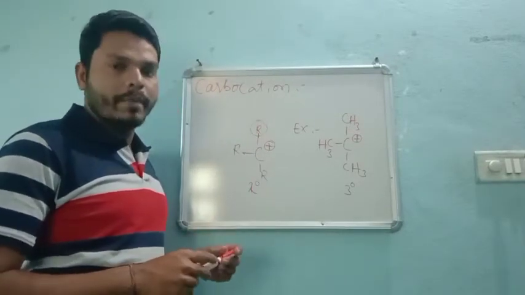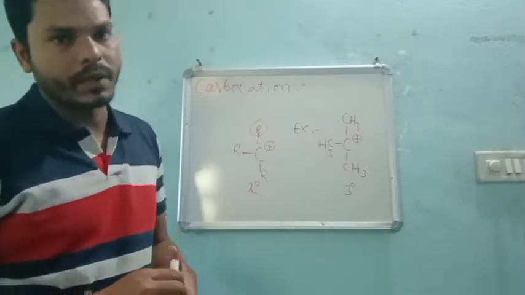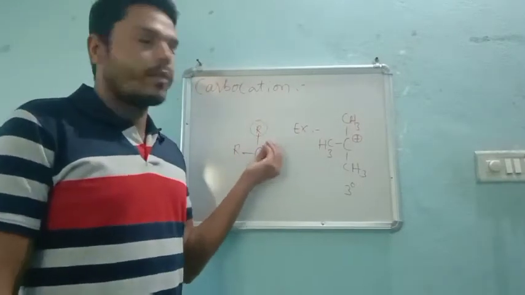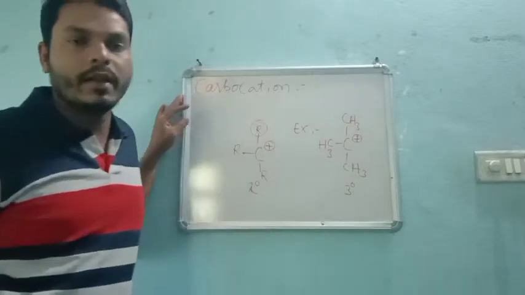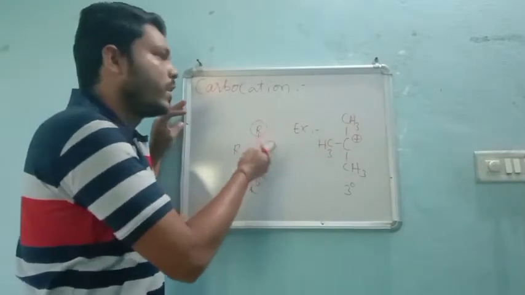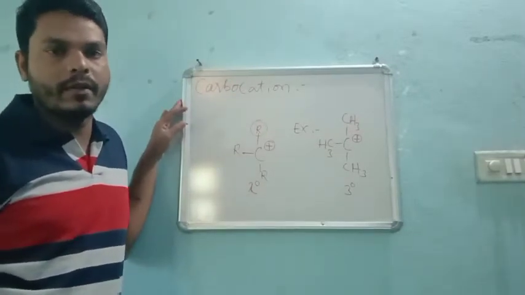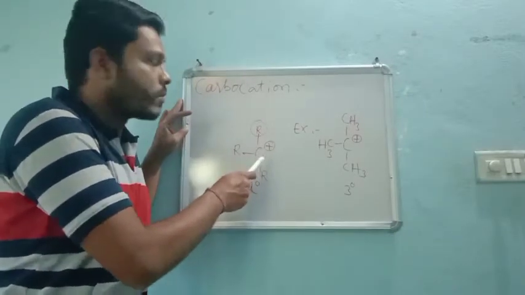Any element or compound having a charge on it is very, very reactive. What they need is electrons to fulfill their octet state, to fulfill their valency. Octet state is nothing but fulfilling the valency. Because it has an incomplete valency, that's why it is reacting.